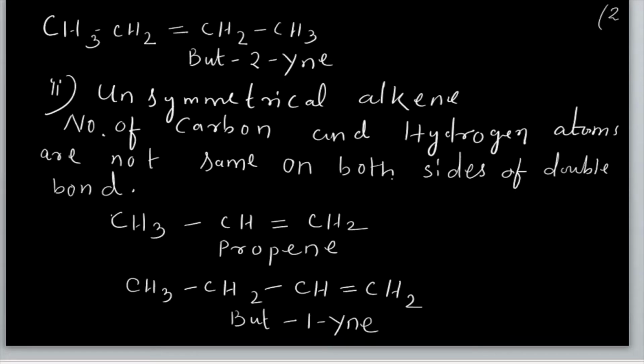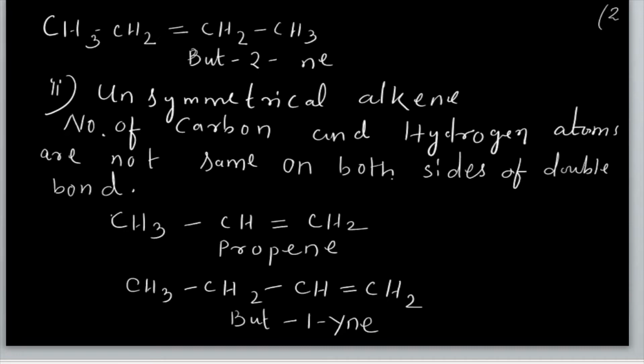Similarly you can see another symmetrical alkene, but-2-ene. But-2-ene means it is not 'yne', it is 'ene', because it is a double bond. Since it is a double bond, it is called alkene, and there are 4 carbons.